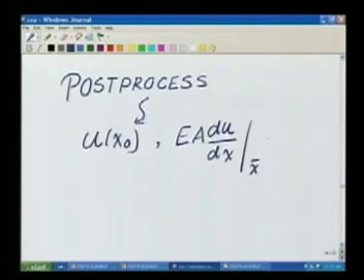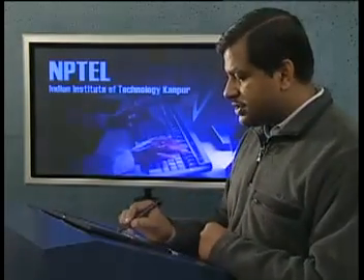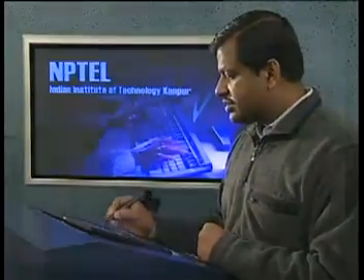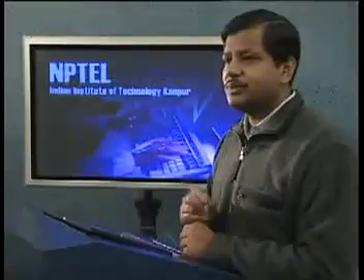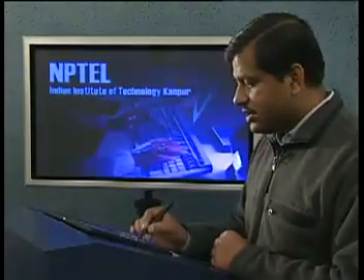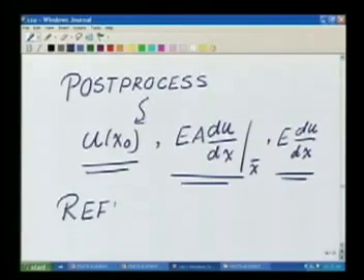Or I may be interested in the stress at a point. This depends on what is really required out of the analysis. So once I post-process and I obtain these solution quantities, then I have to decide as an analyst whether what I have obtained is acceptable or not. If it is not acceptable, then we have to do refinements in our approximation.